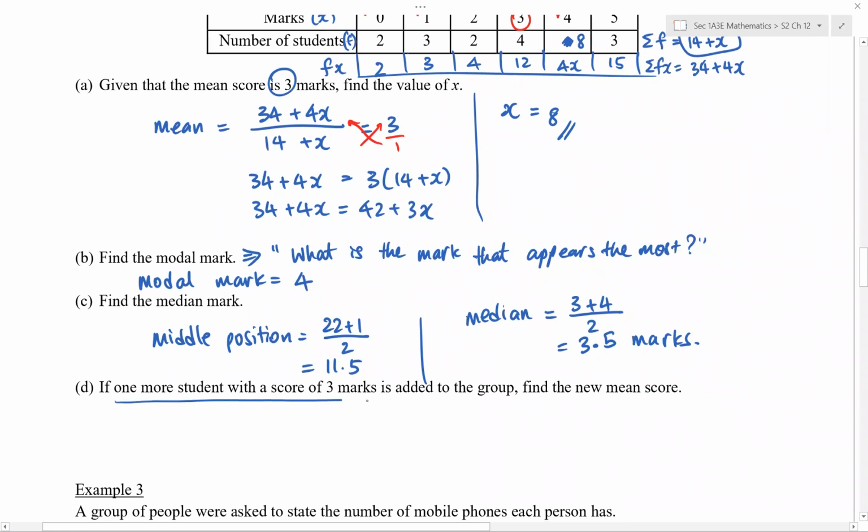So one more student with a mark of 3 is added to the group. So the original mean is 3, right? And this guy, he has 3 marks also. When he's added into this group, the new mean is not going to be affected because his score is the same as the mean. He didn't change the new mean.